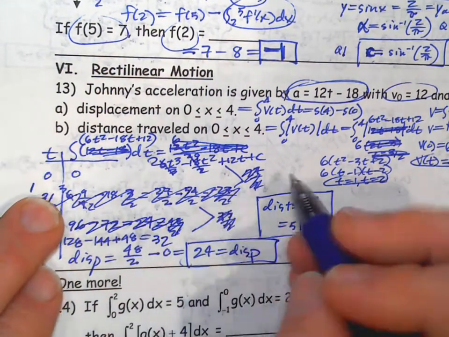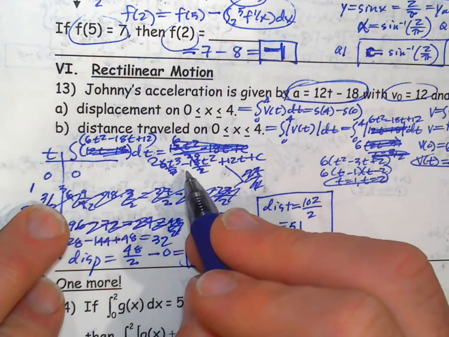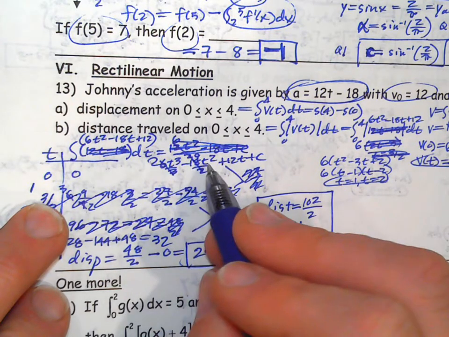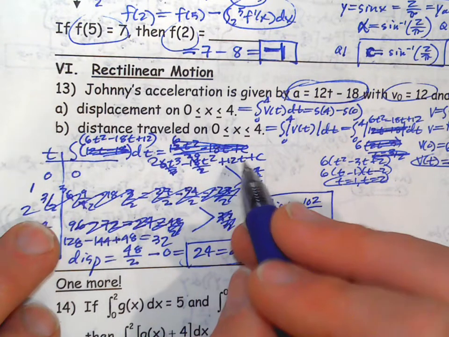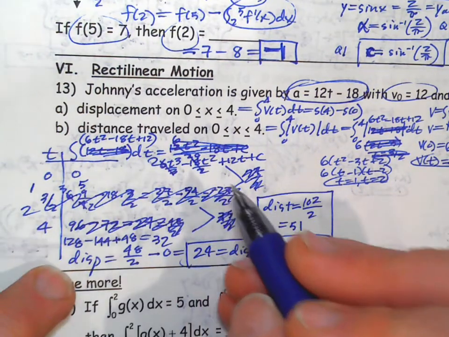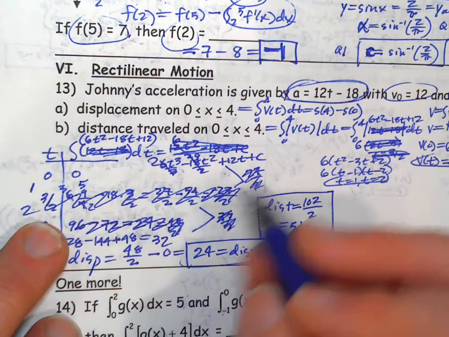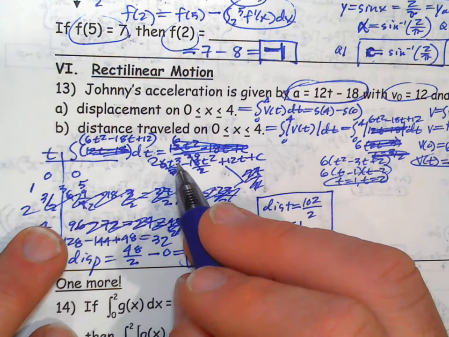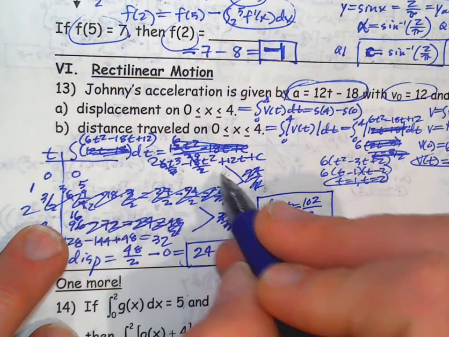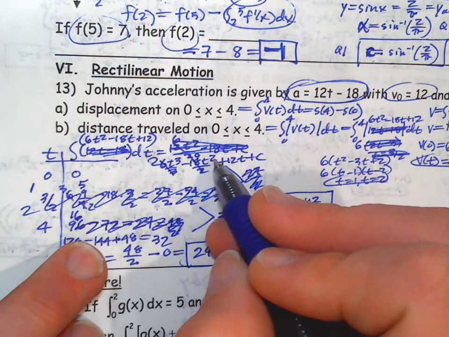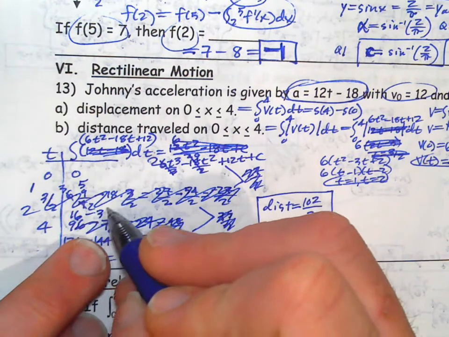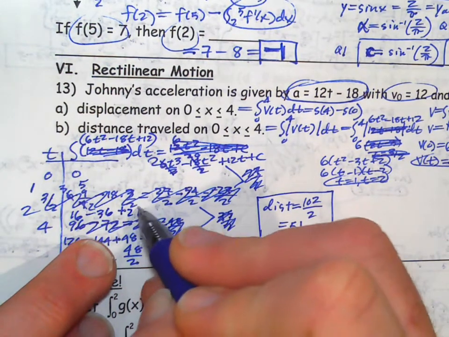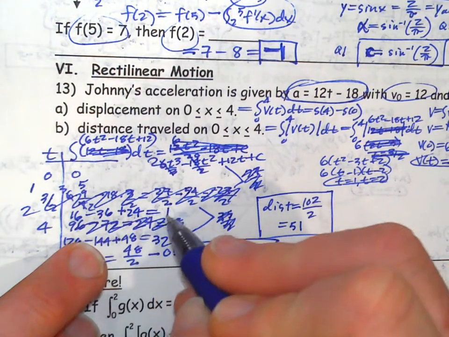If you plug 1 in, it's going to be 2 minus 9 is negative 7, plus 12 is 5. And if you plug 2 in, you're going to get 2 times 8 is 16, minus 9 times 4 is 36, plus 2 times 12 is 24. So that's going to be 4.